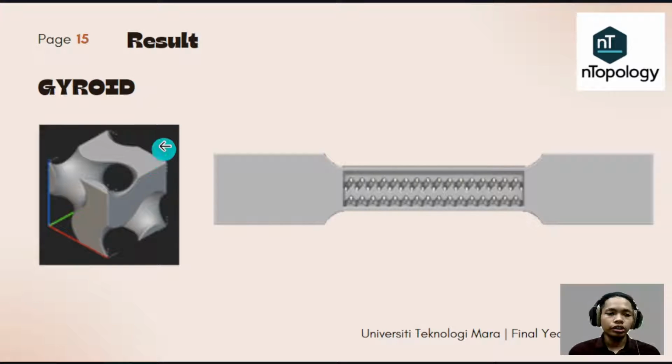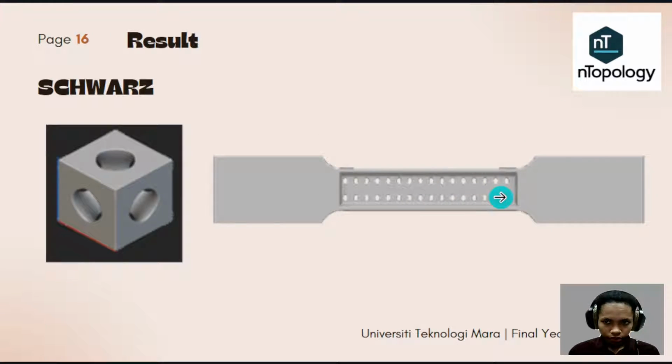For the gyroid, this is the unit cell that I use in topology. Topology is one of the software that I use to get my result. For gyroid, this is the unit cell, and this is the result that I apply on the tensile specimen. Next, I use swarth.